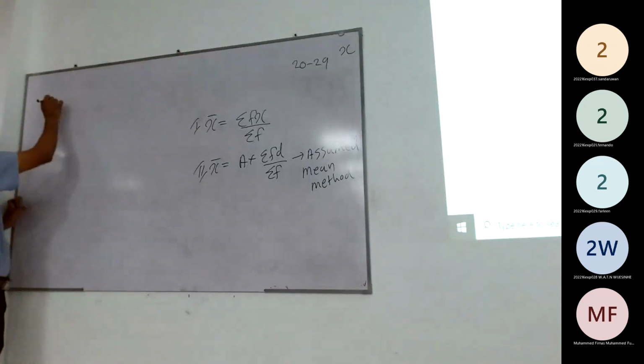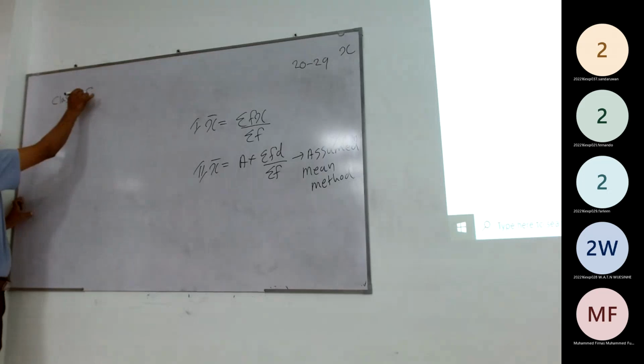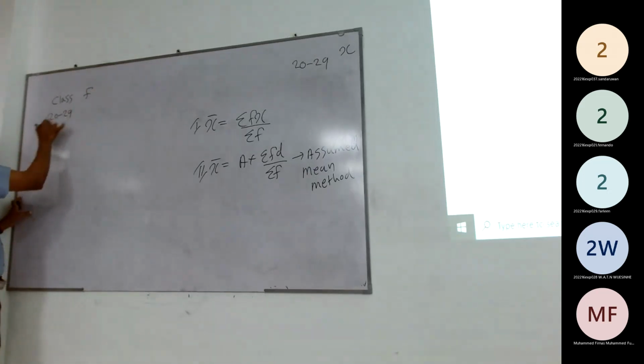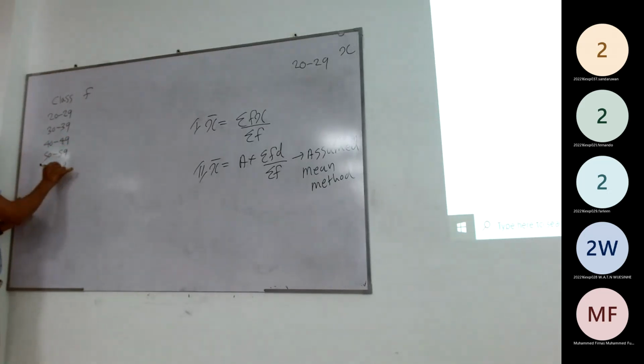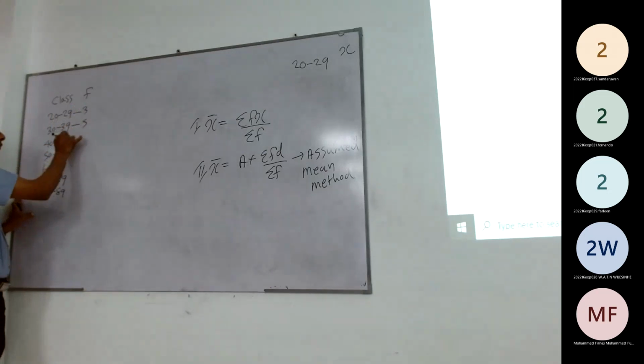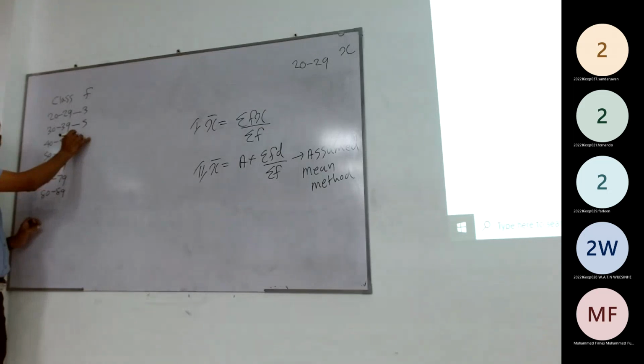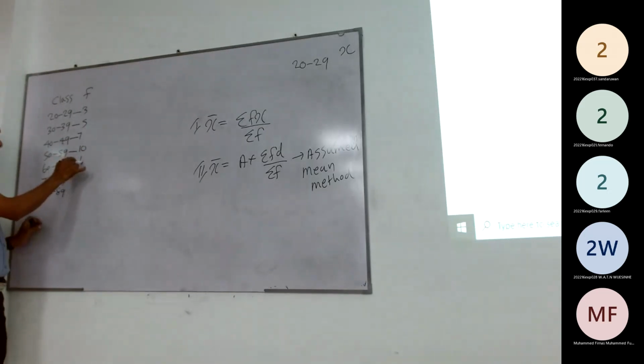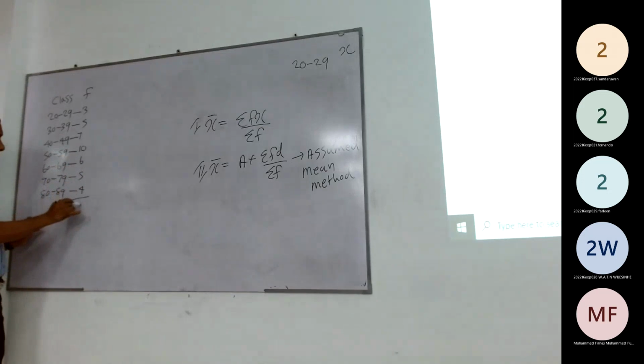We take our classes and the frequencies: 20-29, 30-39, 40-49, 50-59, 60-69, 70-79, 80-89. The frequencies: 3, the second one 5, after that 7, 8, then 10, after that 5, and 4 also 5. Then 40.